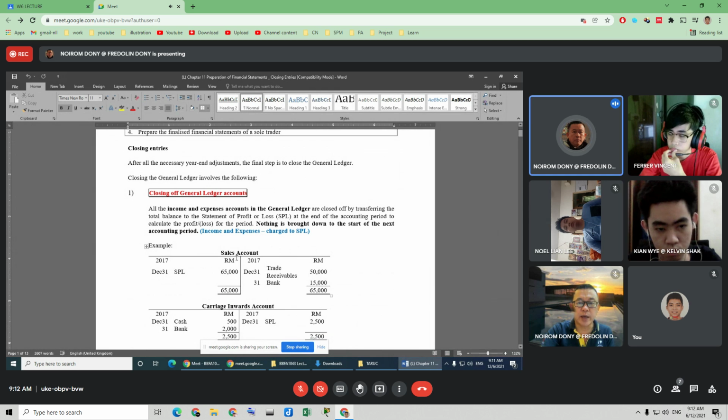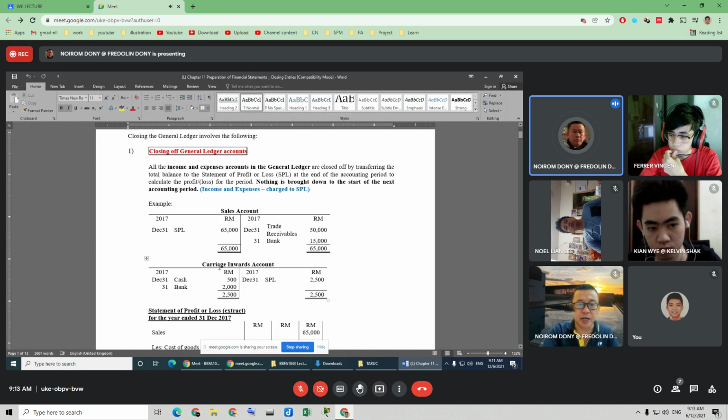Like what we have here, this is representing a revenue account. We take the example of the sales account. For any revenue account, you have to do this process. For any expenses account, we do the same, like the carriage inward account. Sales account, remember, is revenue, so a credit item.